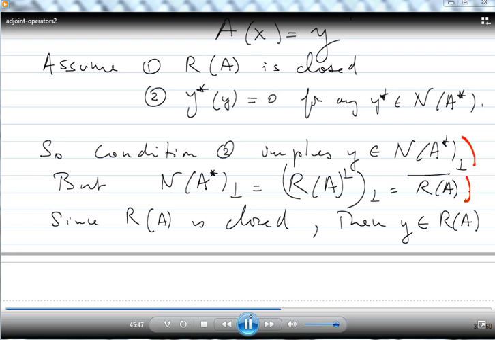The existence. So a solution X exists. We claimed that we have existence if and only if Y belongs to the range of A. Perfect.